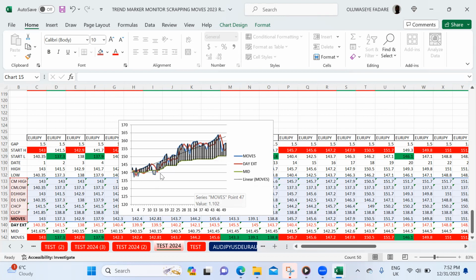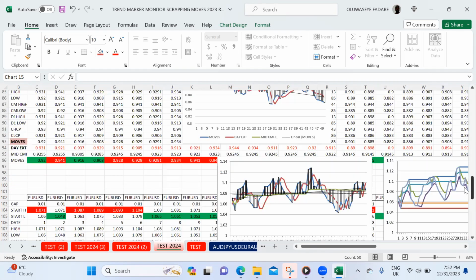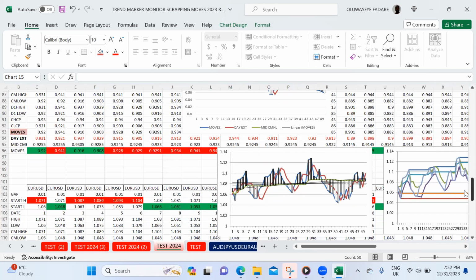So the white shows the downwards and the black shows the upward trend. Can you see that? So the black shows the upward trend, the white shows the downward trend. And you can see the market is rotating in between each of them.